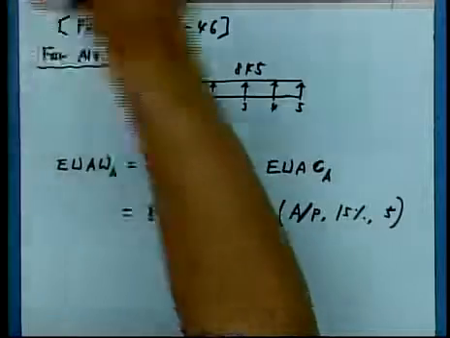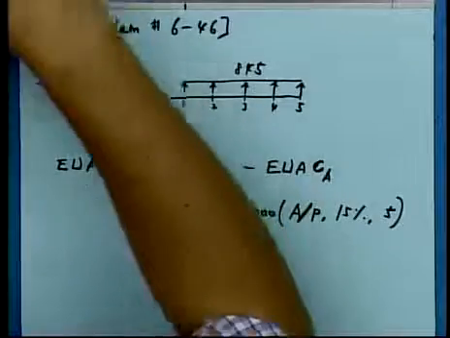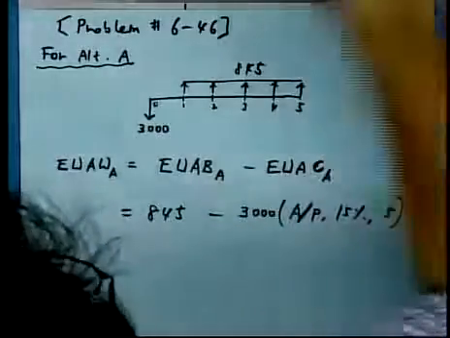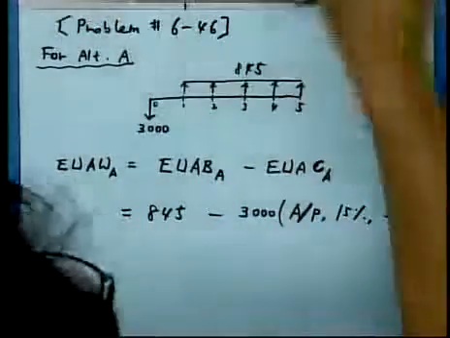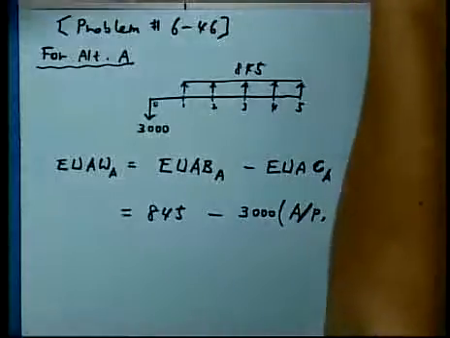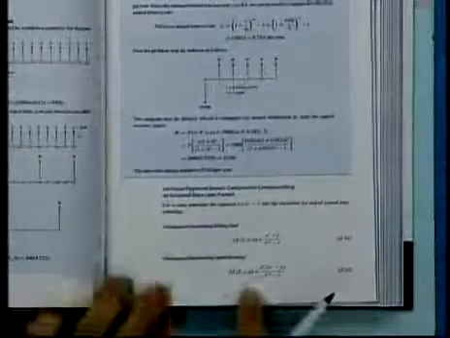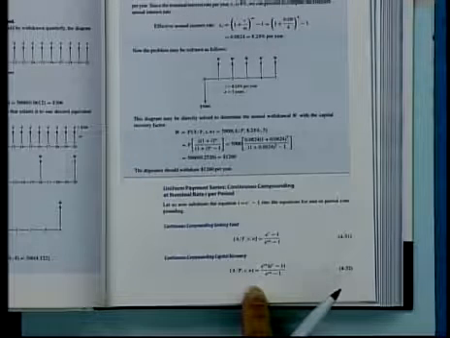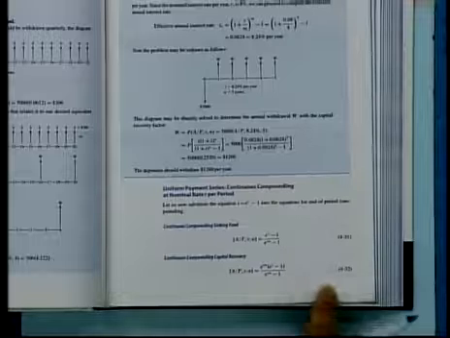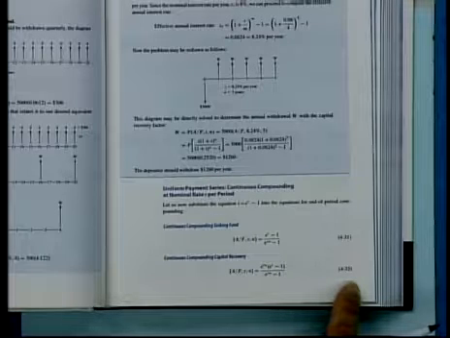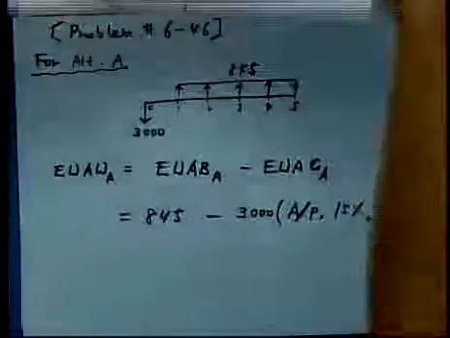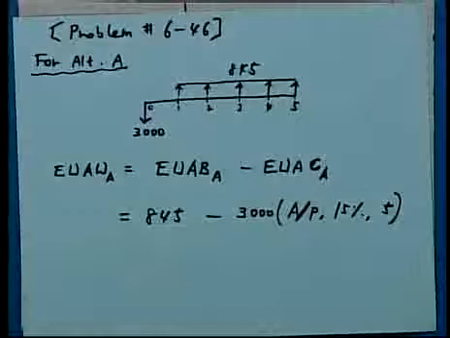If you look at our text, at the bottom of page number 129, it does provide the formula for the continuous compounding capital recovery factor, which is equation 4-32. So we are going to use this formula.